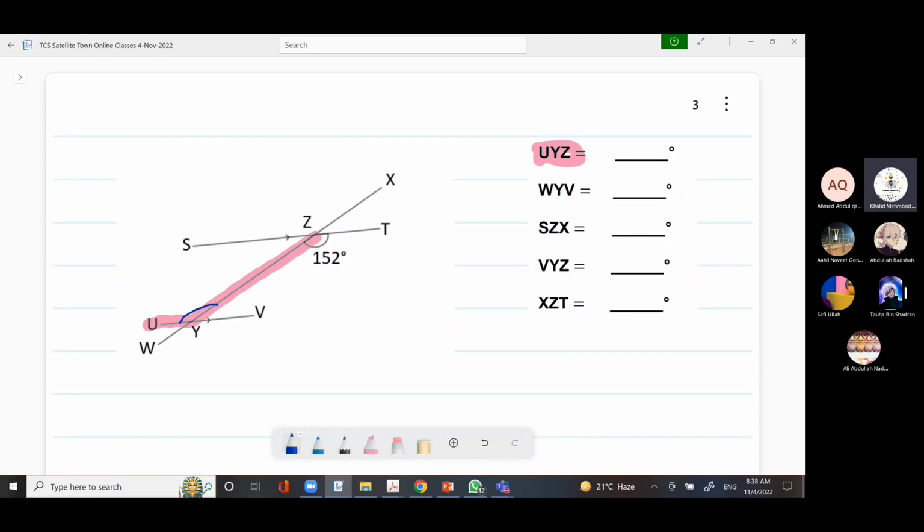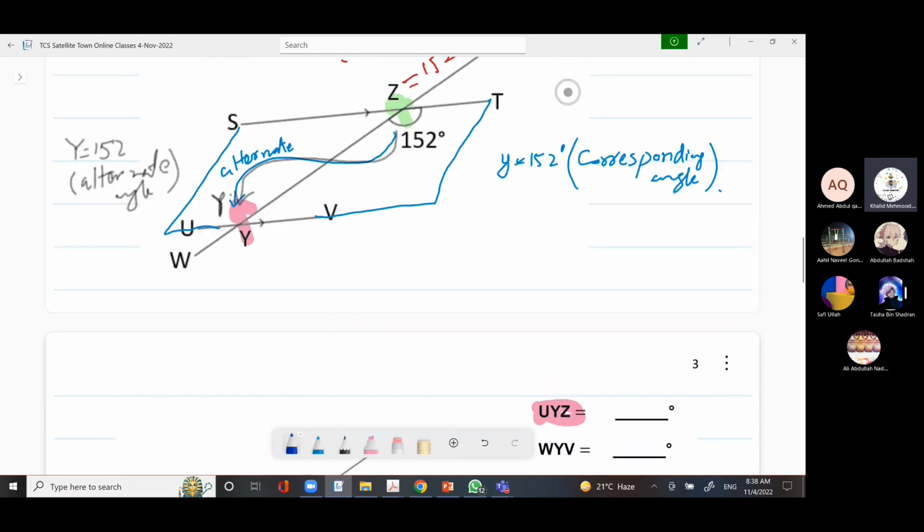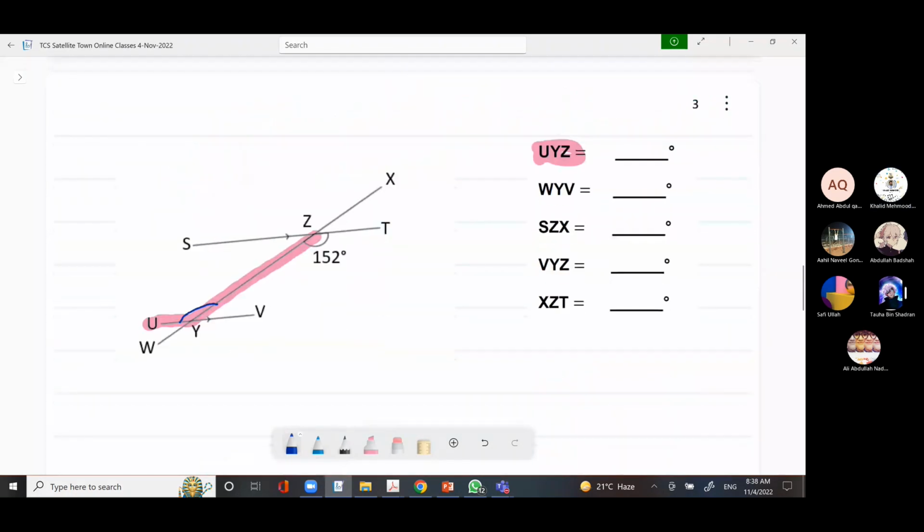We have found previously that this is also the alternate angle of 152. So this U, Y, Z will be 152.